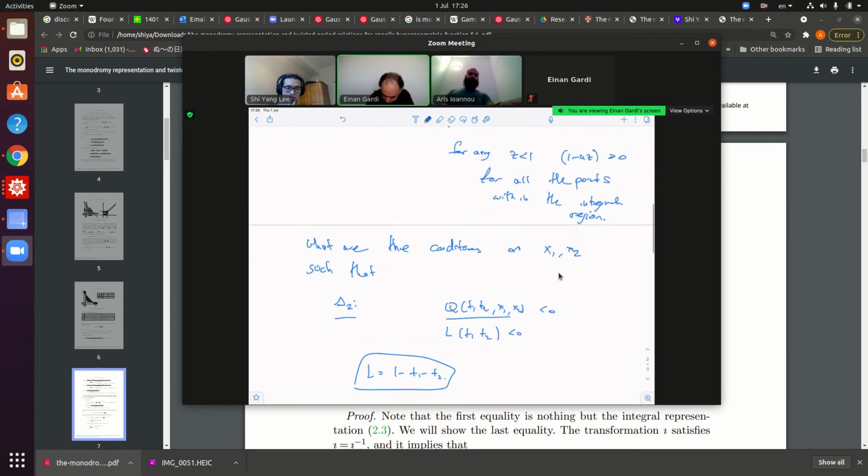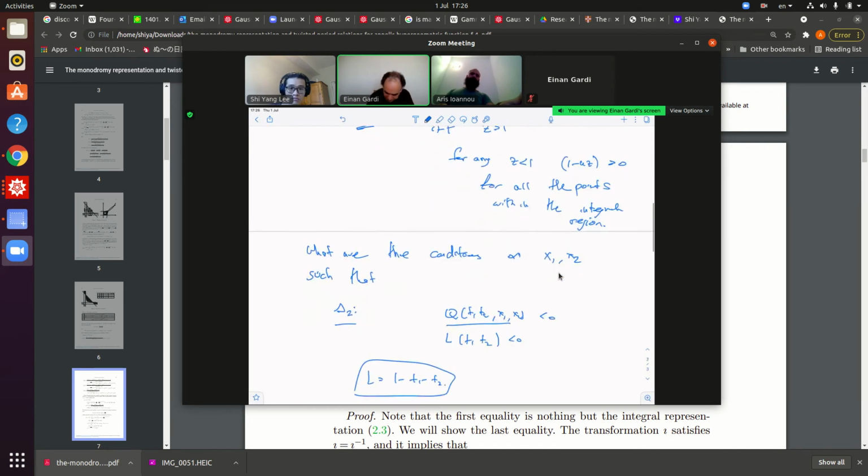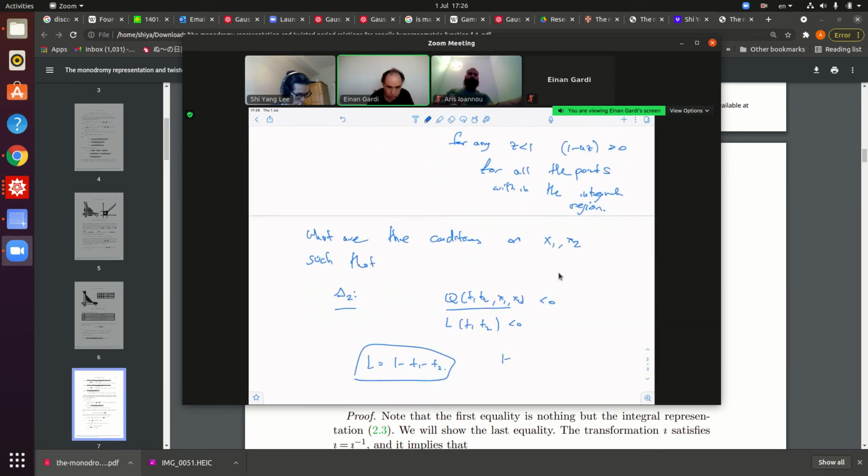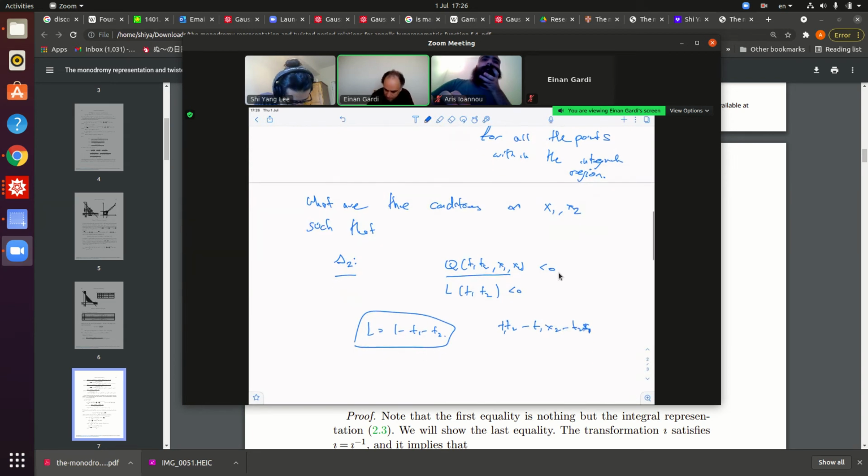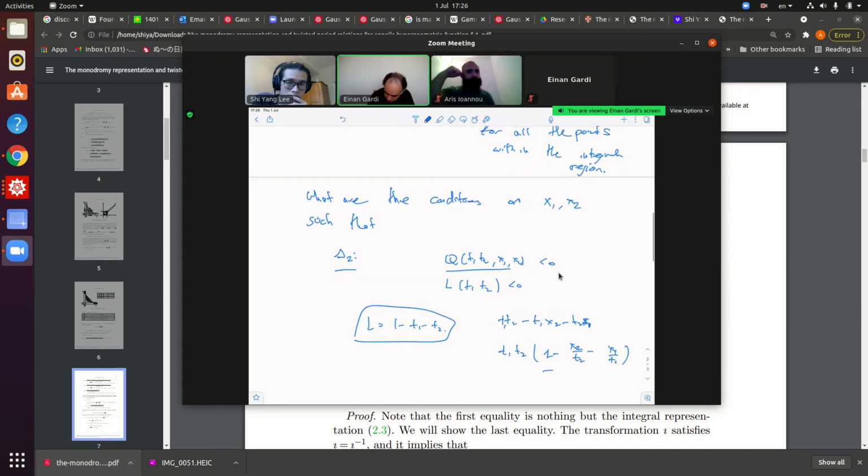let's check that, right? What was Q? I think it is this combination here. It's T1 T2 minus T1 X2 minus T2 X1. So I can write T1 T2 times 1 minus X2 over T2 minus X1 over T1, right? So when is this quantity positive?